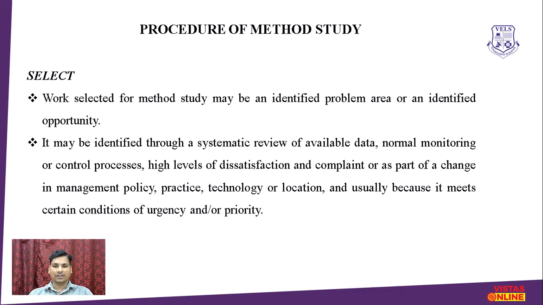Most of the companies all the time do this kind of work to identify problems with machines, policy, practices, technology, location, whatever, and those things get minimized whenever they find problems, and they try to provide better conditions for the employees and machines.